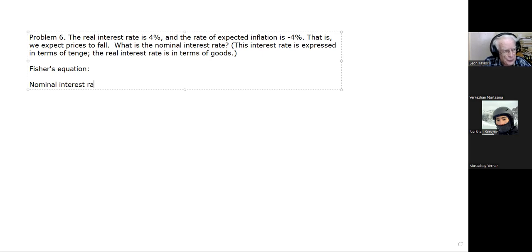The nominal interest rate is equal to the real interest rate plus the expected rate of inflation. So the idea is that if banks know that prices are going to rise next year, they want to be compensated for that inflation because they're going to get paid back in cheaper tenge than they had provided.